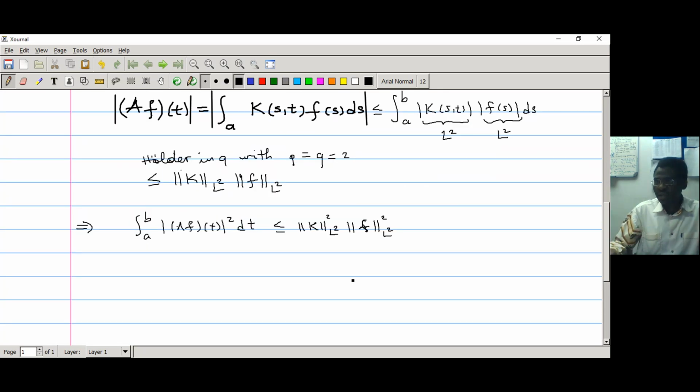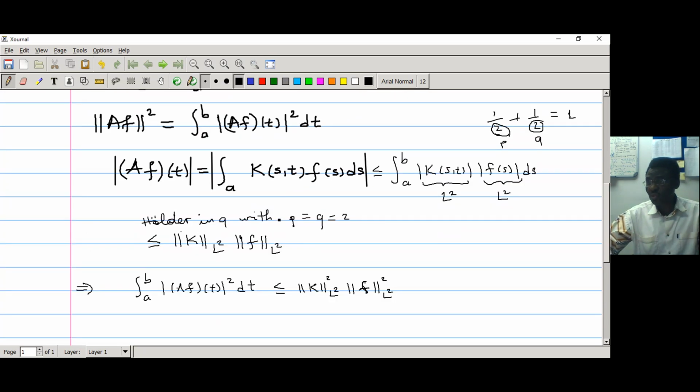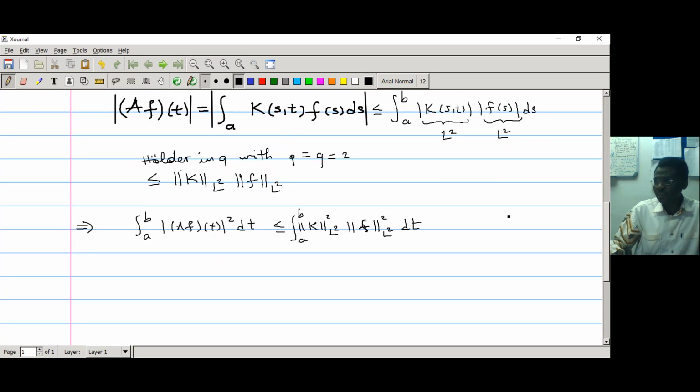Now what have I done? I square and now I also integrate with respect to dt, from a to b. None of this depends on t because they are constants, they are values. So if I take that out, it will just give us the integral dt from a to b, which is b minus a. So that will be b minus a times the 2 norm of k.